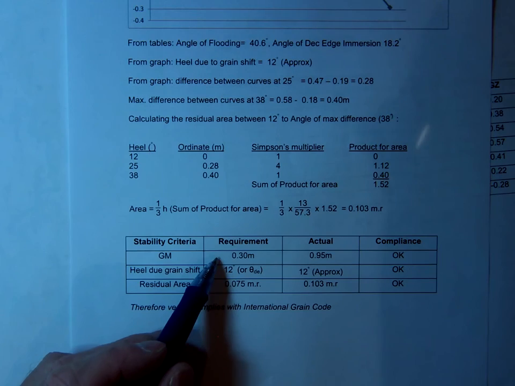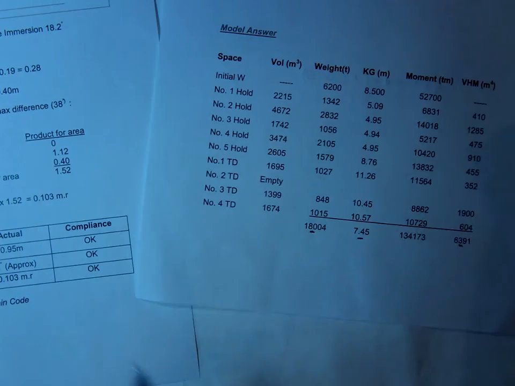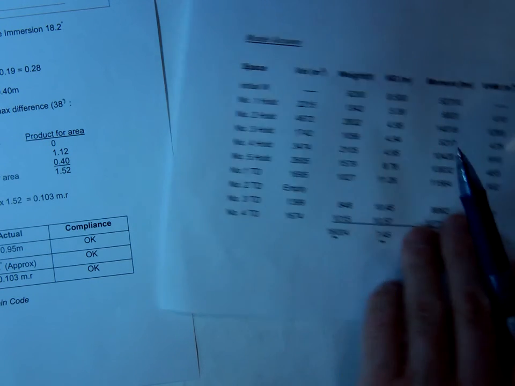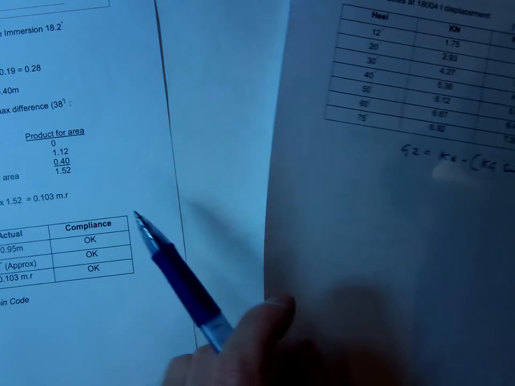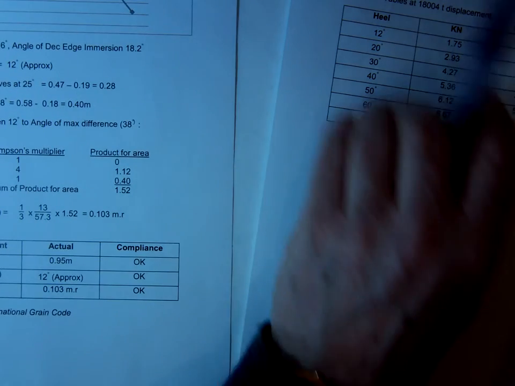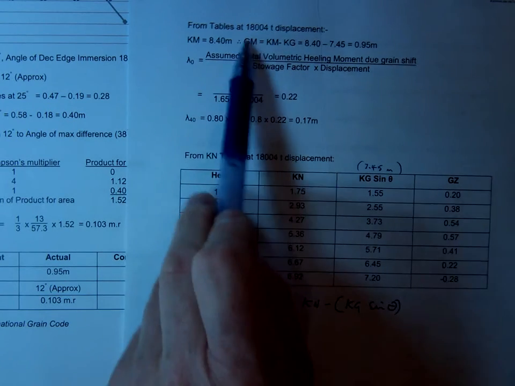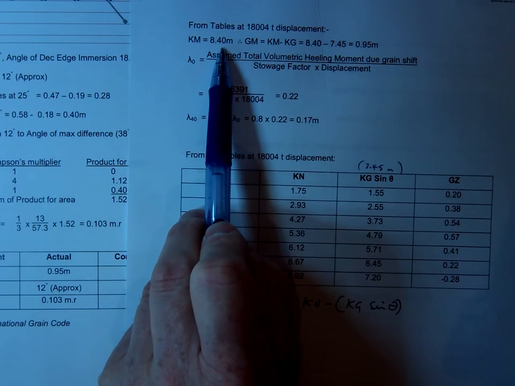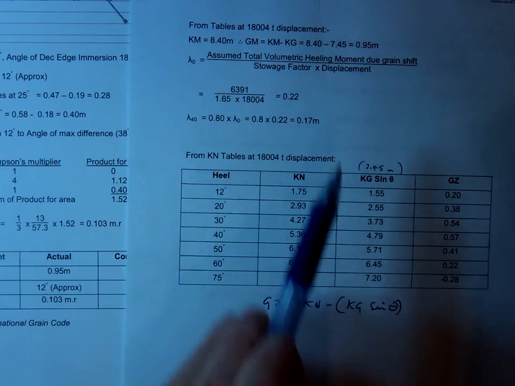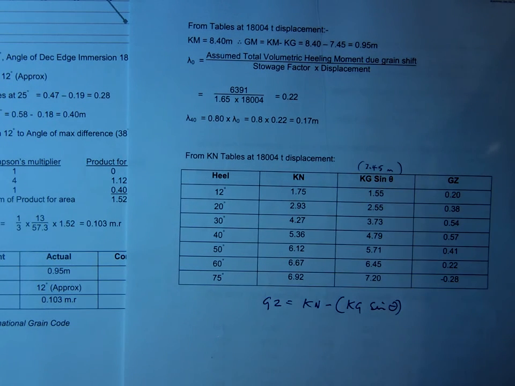The GM, we can soon work out because we know our final KG. We can go into the tables with our displacement to get the KM. So we went into the tables with our displacement to get a KM of 8.4, subtracted from our final KG of 7.45, and we find that our final GM is 0.95, so that complies as well.